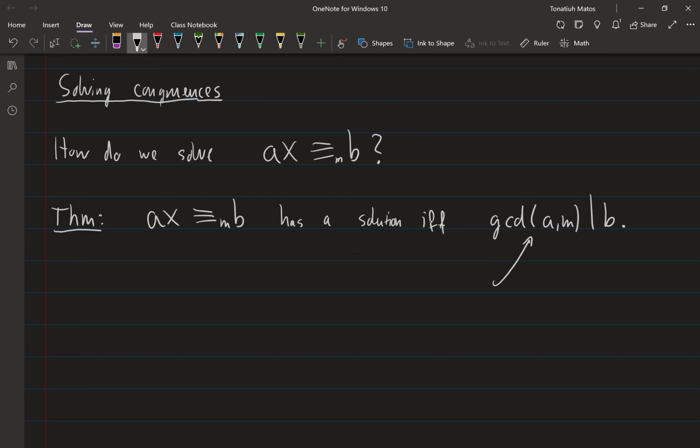So when A is non-zero and M is a prime number, this will always be 1, and 1 always divides B. So it always produces a solution when A is non-zero.